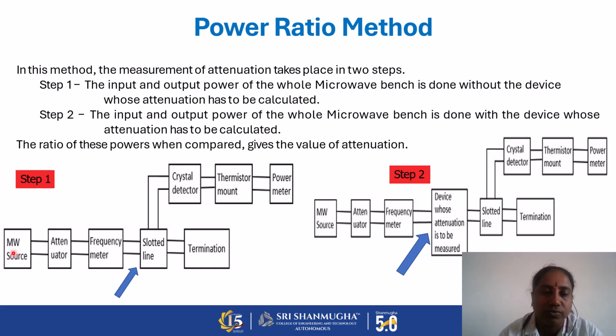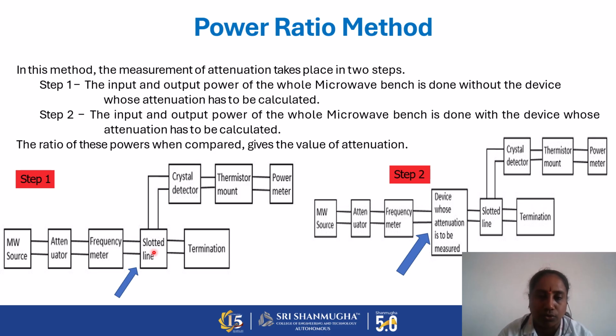In the microwave source, we are using the klystron power supply and the klystron mount with tube as the main source of the microwave system. Next, the attenuator; commonly we are using the variable type of attenuator. Next, the frequency meter. And the slotted line is the main part of the microwave system for taking the input level and output power levels.